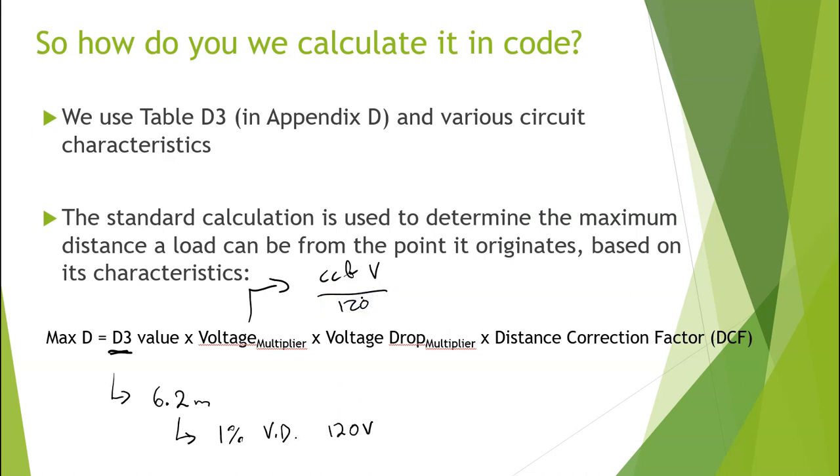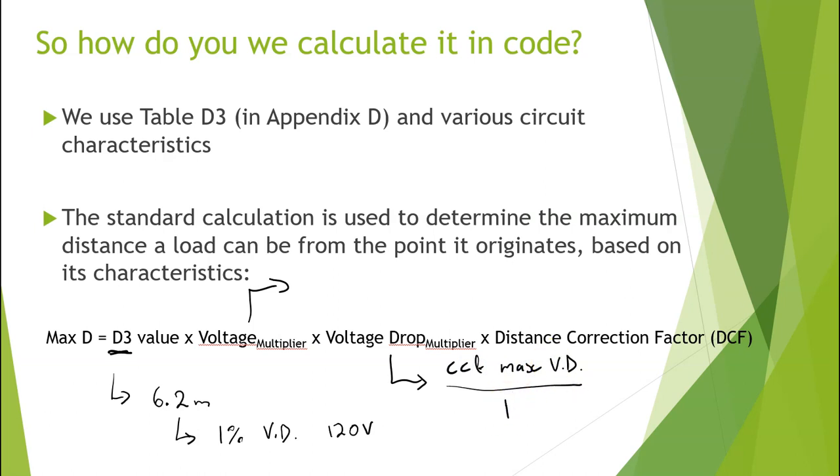Then we also need to account for the fact that the table is only based on a 1% voltage drop. And we know that our actual permissible voltage drop, based on a standard code value, is 3%. Which means that in reality, we can actually go 3 times further, according to code, than this base number out of table D3. So therefore, we need a voltage drop multiplier as well. And this will be based upon our circuit maximum voltage drop divided by 1.